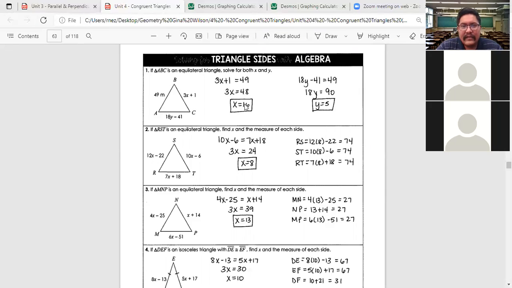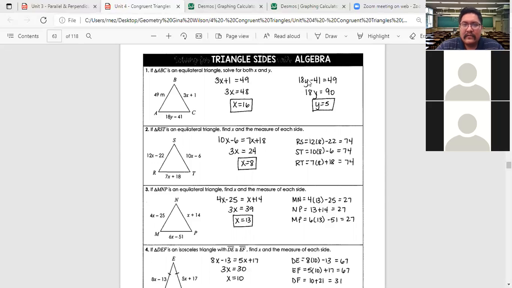Divide both sides by 3. Okay, back up. 3 times what gives me 48? Well, I can divide both sides by 3, and that would give me 16. So I know that x is now 16. I've answered one of the questions. Put that in a box.